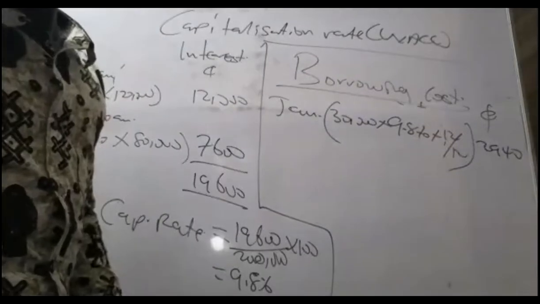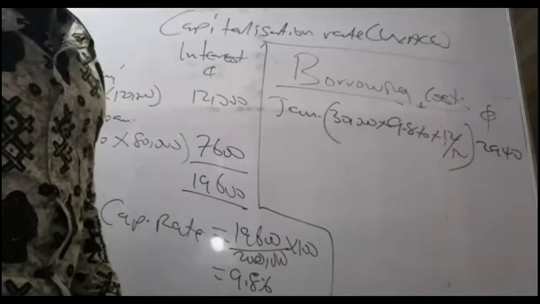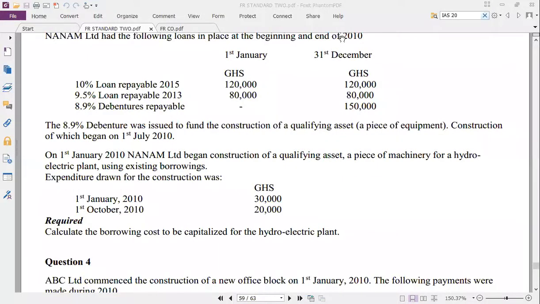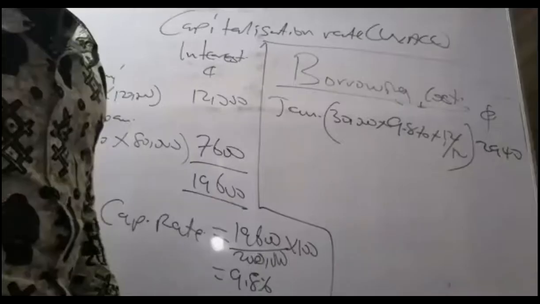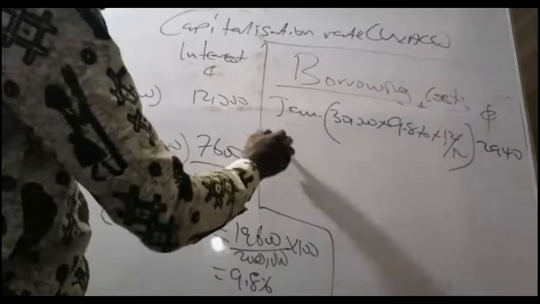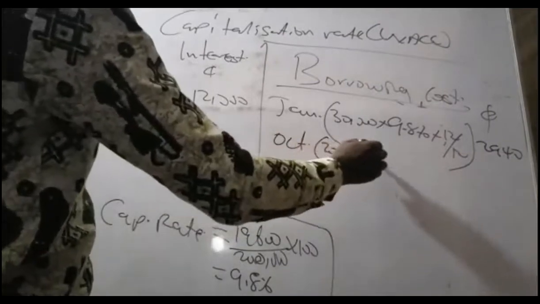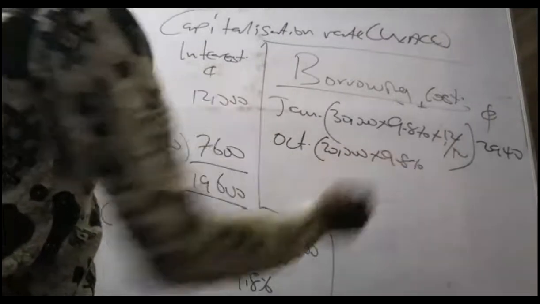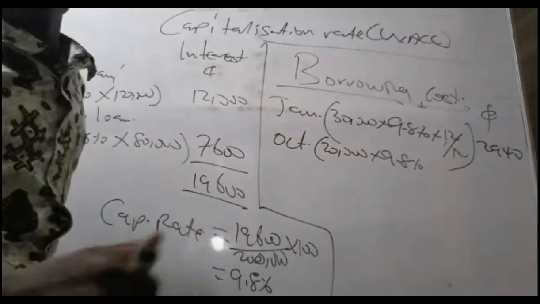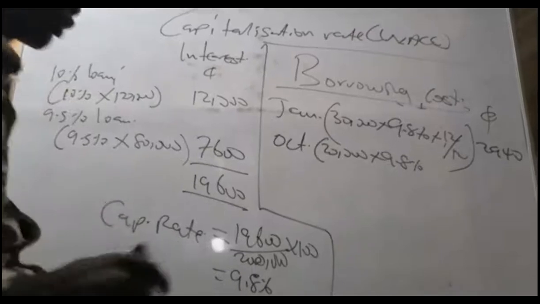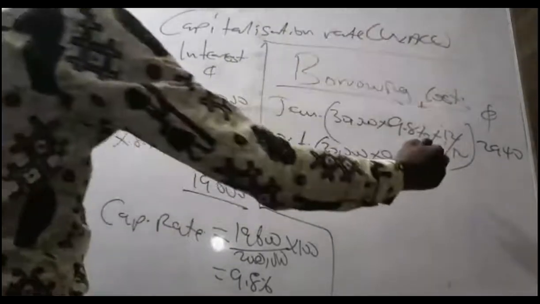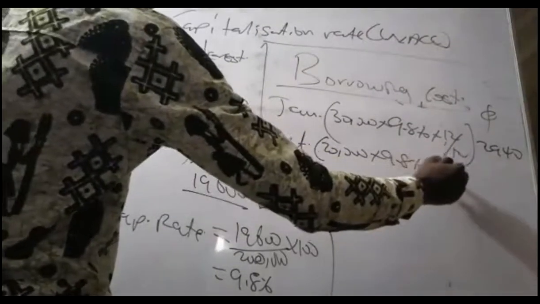Good. October, the peak was 20,000 on 1st October. So 1st October, the peak 20,000 times 9.8%. How many months? 1st October. So October, November, December, 3 months. So times 3 out of 12.